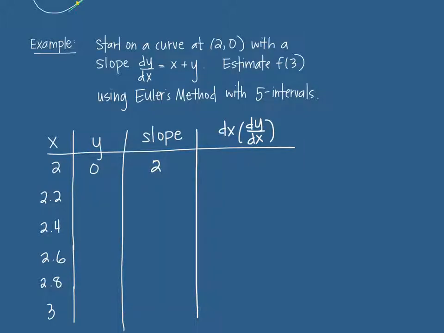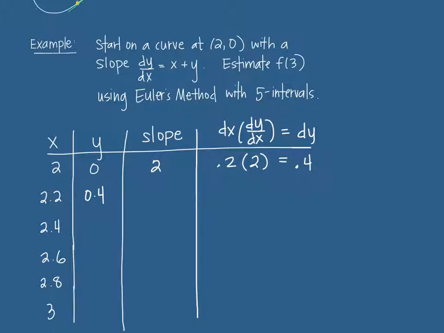If you take dx and multiply it by dy/dx, what do you get? dy, which represents how much your y is going to change. So 2 times 0.2 is 0.4, which means our y should change by 0.4. What is our new y value? 0.4, because we just went from 0 to 0.4. So that's the new point.